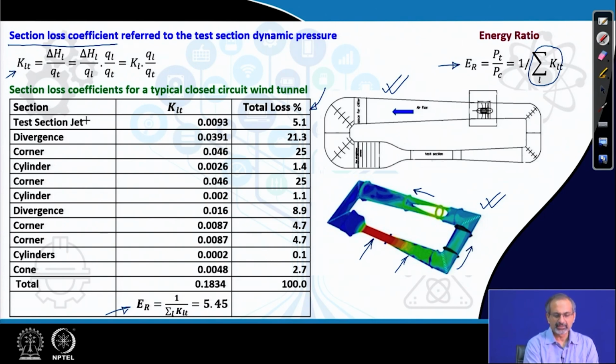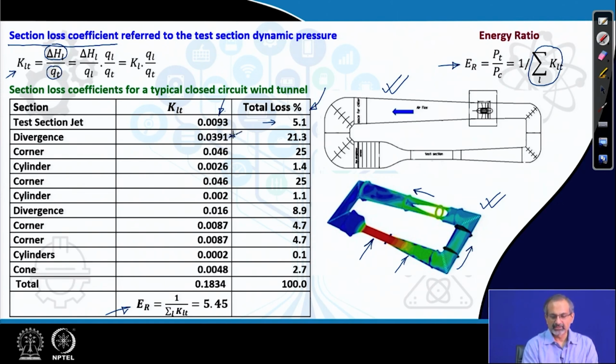Starting from the test section jet, that incurs a loss of around 5% of the total circuit losses, and keep a watch on the KLT figures. By definition, KLT is the stagnation pressure loss across the component divided by the dynamic pressure at the test section.